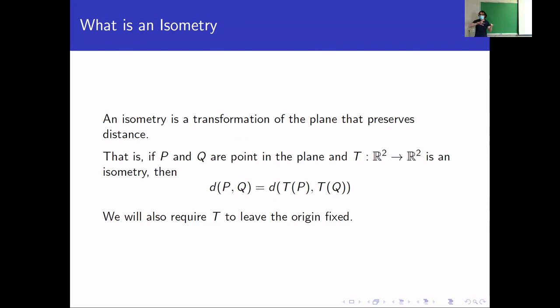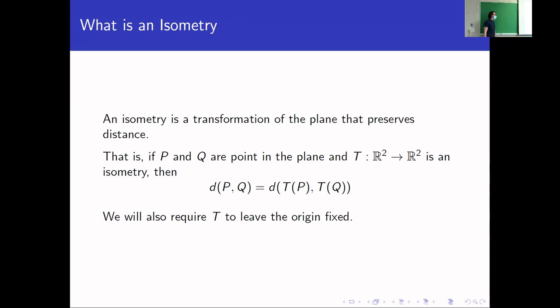You could shift and not change the distance, but that wouldn't really count for what we were talking about with the figures. We were talking about transforming them and leaving them unchanged so that the image of the figure lies on top of the original figure. So shifting it wouldn't fit with that.